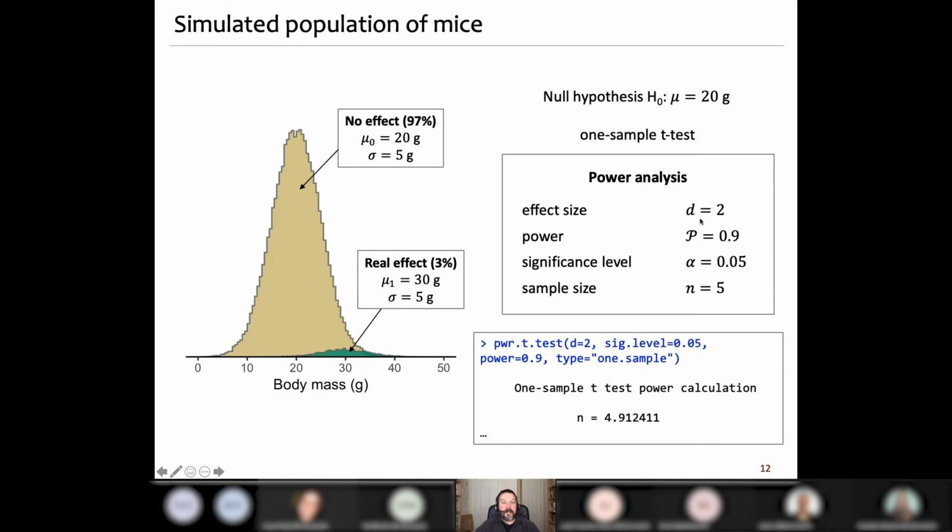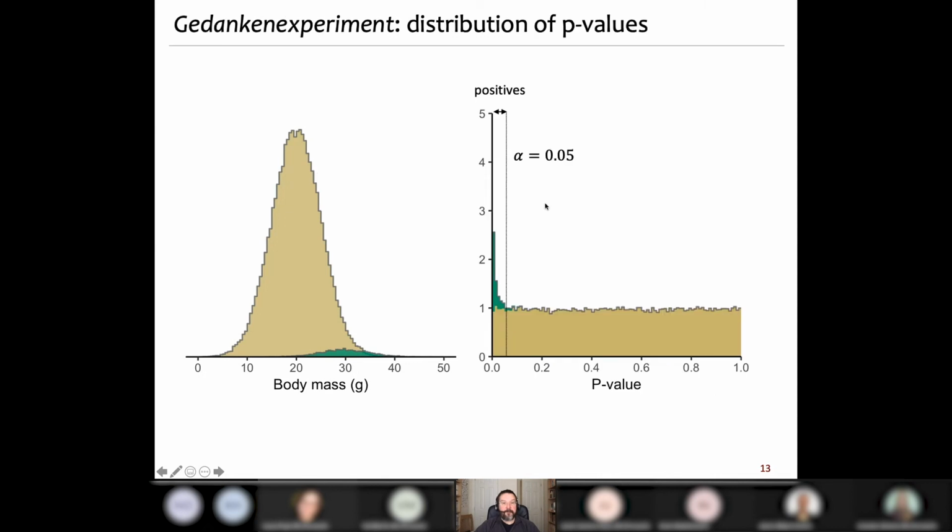We want a power of 90%, which is a pretty good, powerful experiment. We set the significance level to 5%. And if you use the pwr.t.test function in R with all these arguments, you will get a required sample size of about 5. So to get a powerful test, we have a sample size of 5.